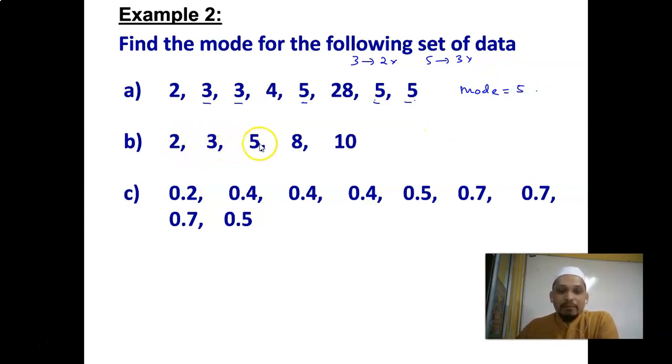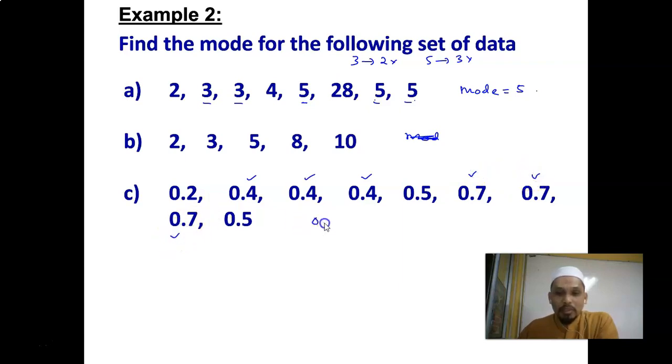Okay, there are 5 numbers here, and as you see for question B, none of these numbers appears more than once. 2 appears 1 time, 3 1 time, 5, 8, 10. So there's no mode here. And then, 0.2 appears once, 0.4 1, 2, 3. 0.5 appears once, and 2 here. 0.7 1, 2, 3.